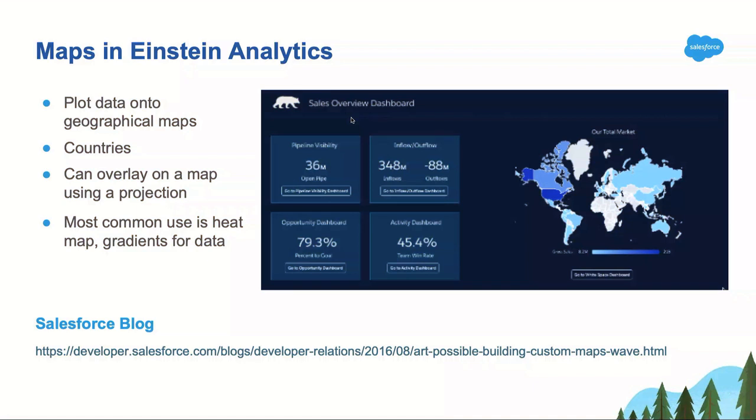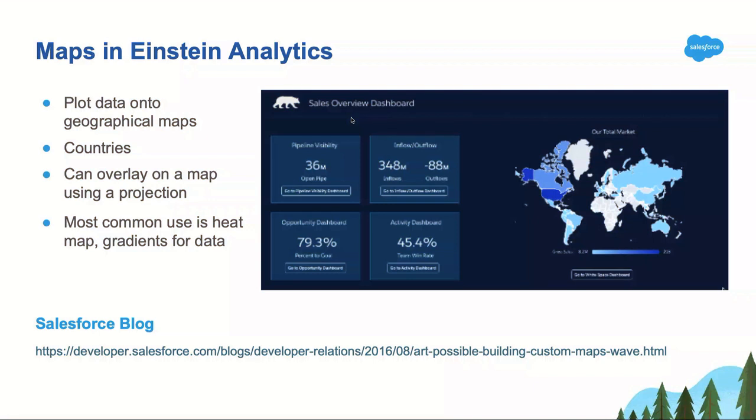All right, so maps in Einstein Analytics. So here you can see using a map of the world to project your data onto a visualization of the world. So it's a different chart type. Instead of a line chart, a bar chart, you can use a map. You can put your data into countries. You can overlay that map with a custom map of your own.